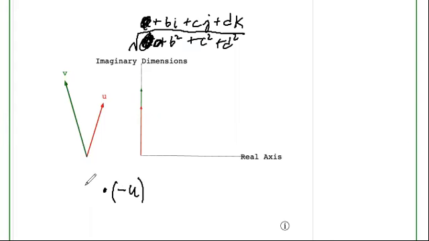And if we multiply u on the right, what that does is it rotates things, and it sends u down completely so it lies on the real axis. So this is a little picture right here of imaginary dimensions.